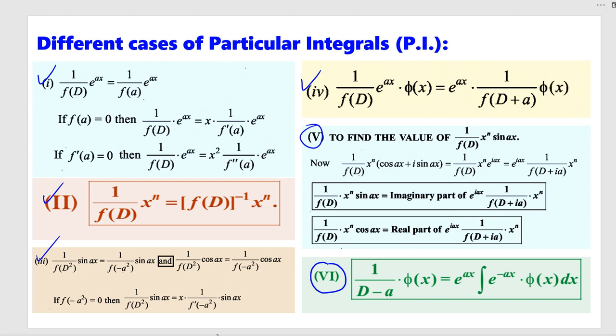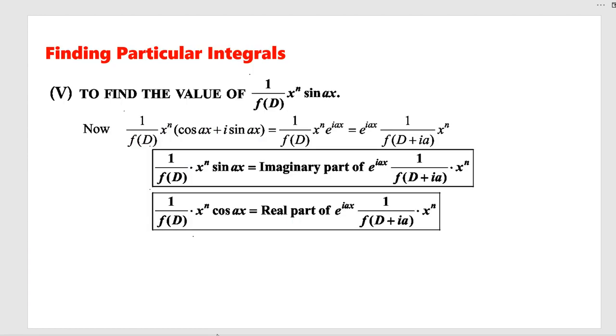The process may be lengthy, but it is not difficult. You just need to follow step by step correctly, and then you will get the correct answer. So you can call this a formula-based topic.